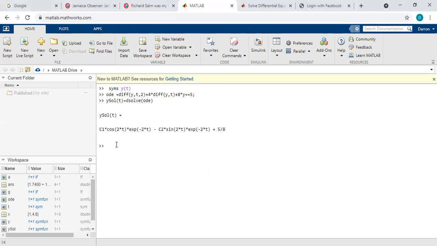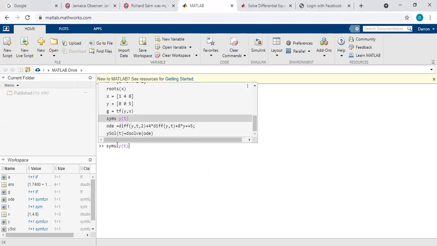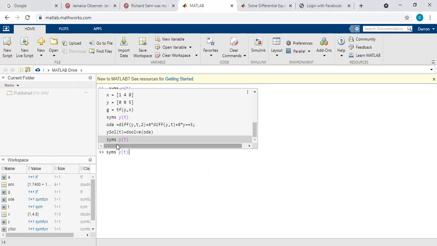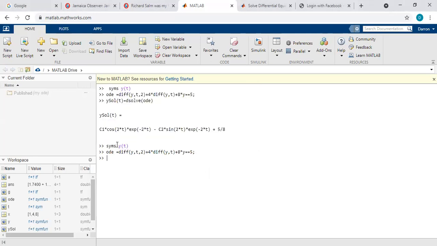So let's go back and start over. Starting back over with the differential equation, this is the differential equation, and then the next thing is that we have the ordinary differential equation. So now I'm going to put in condition one.